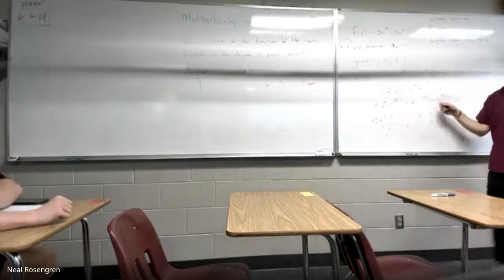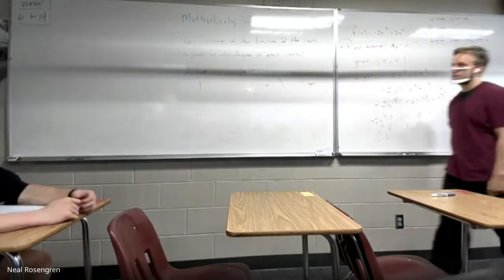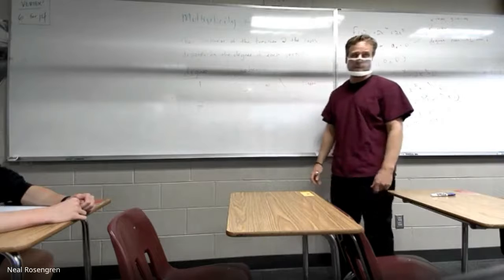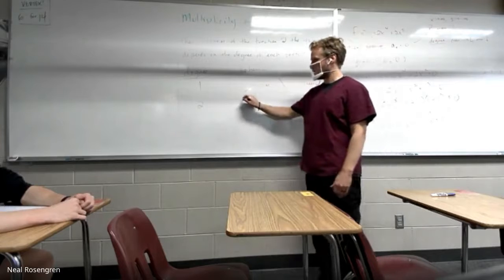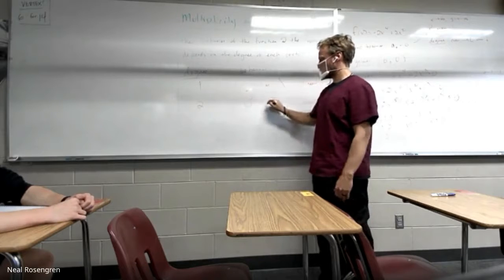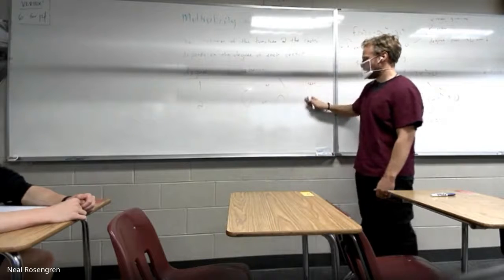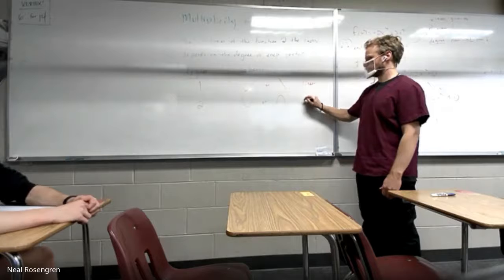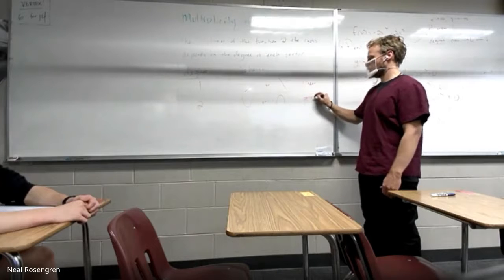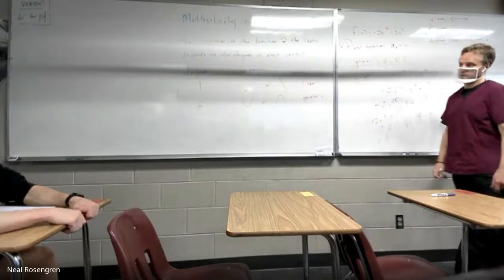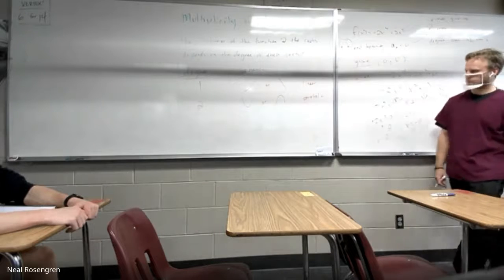Just like this one and that one and all three of those. But if your degree is 2, the behavior at that spot is going to look quadratic. I'm going to put parabolic because we're talking about the shape, not the function.